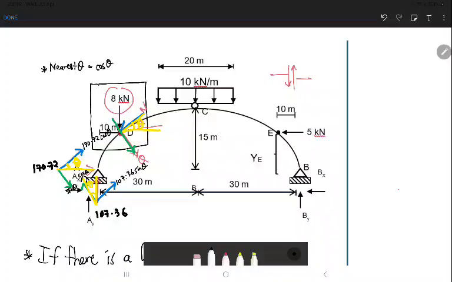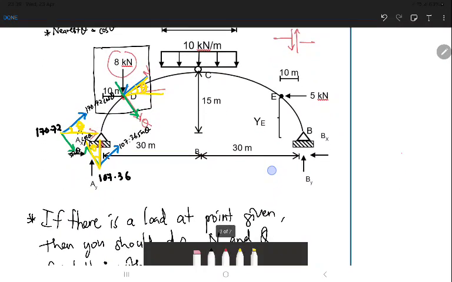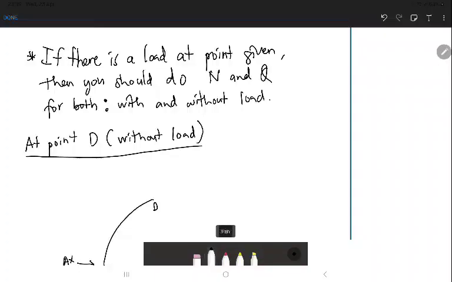Okay, so we need to make an equation, resolve this equation in this direction. Previously we know that theta, fy in this direction, and fx in this direction positive. So same with this N and Q. You need to solve for fy.